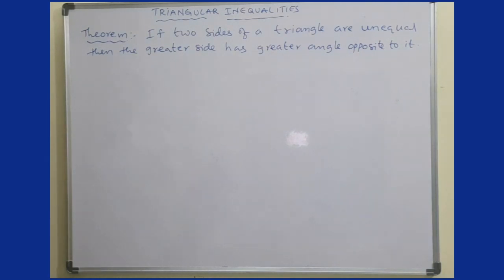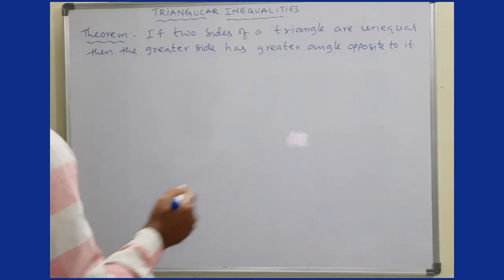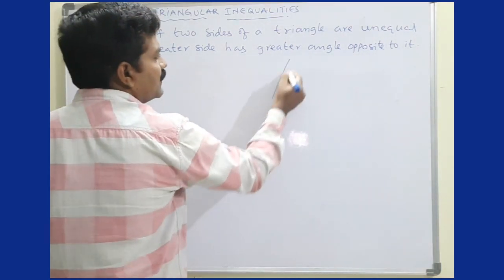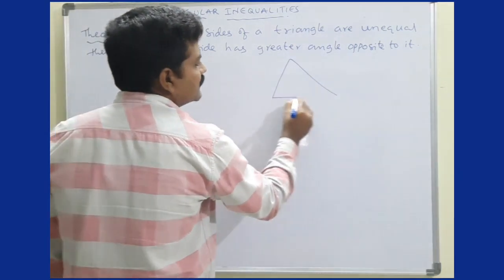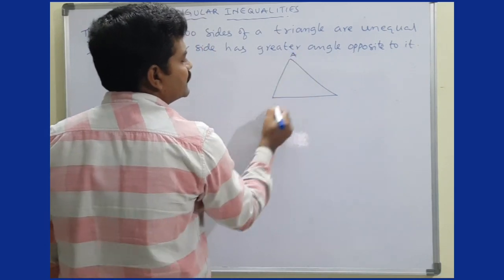So look at this statement, everybody. If two sides of a triangle are unequal, then the greater side has greater angle opposite to it. So for example, let us consider a triangle ABC.